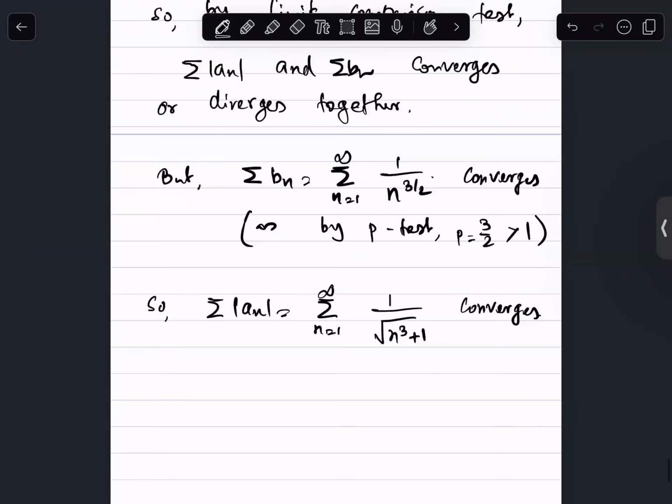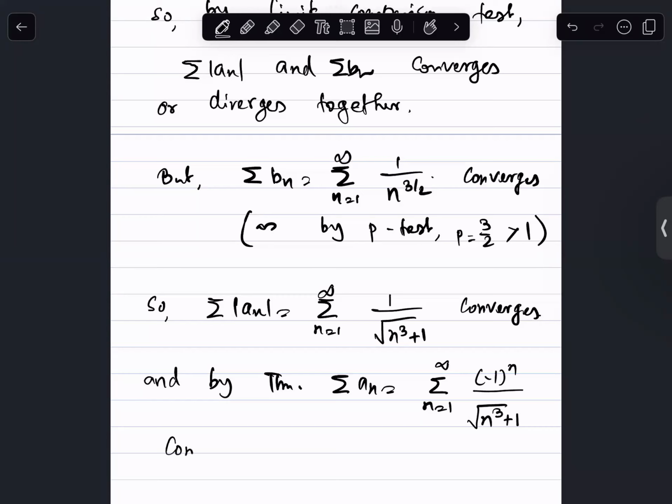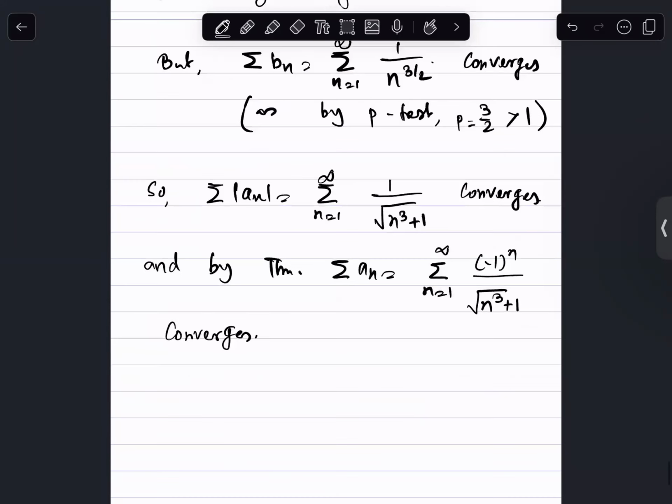And obviously by the theorem that I mentioned just a few minutes ago, summation over an, which is (-1)^n over square root of n to the third plus 1, converges as well. Therefore, it is absolutely convergent.